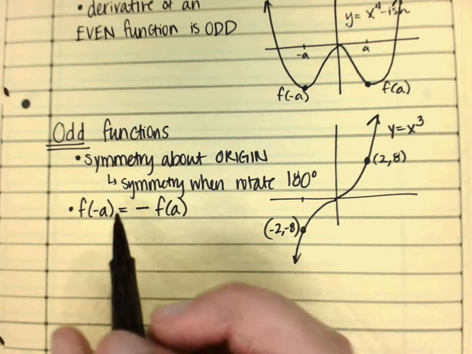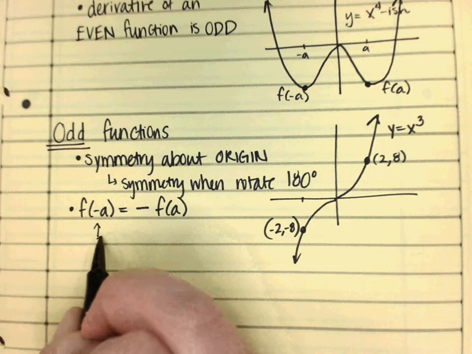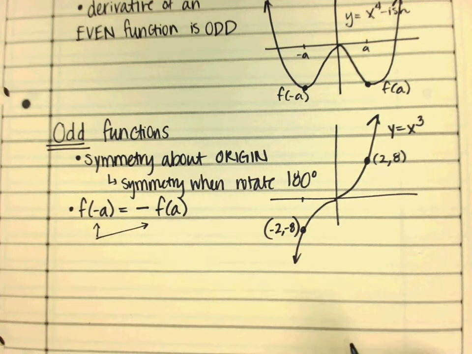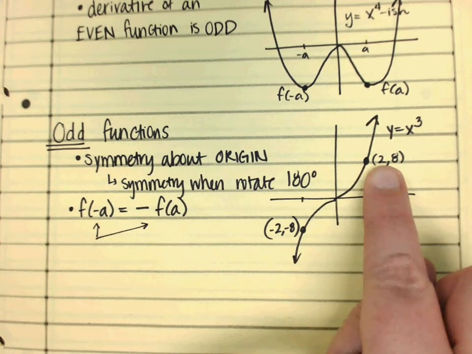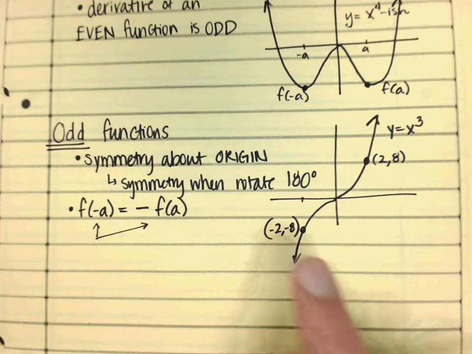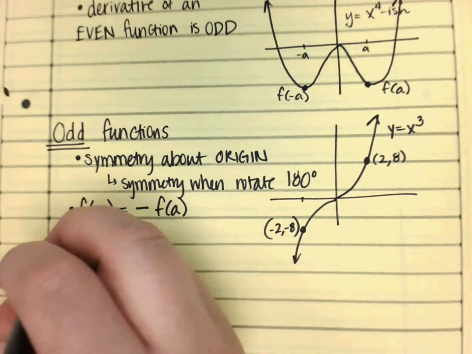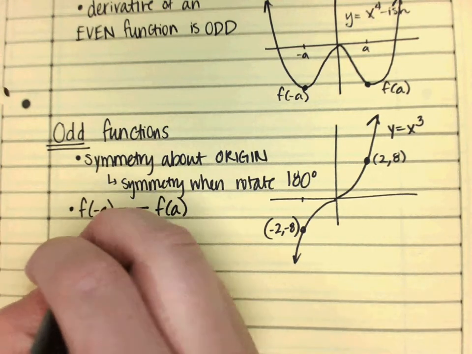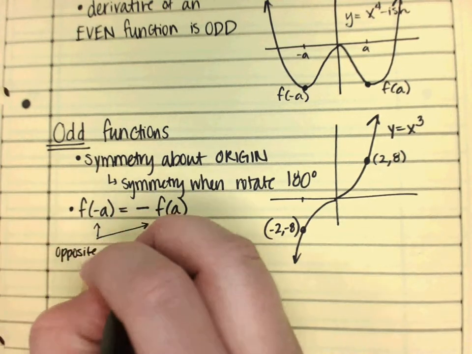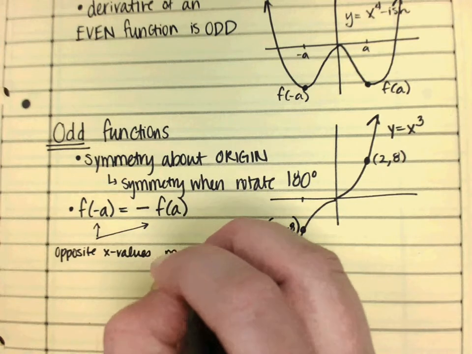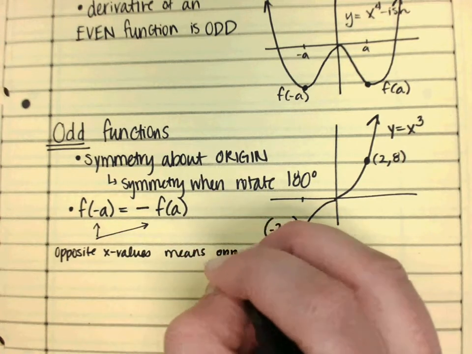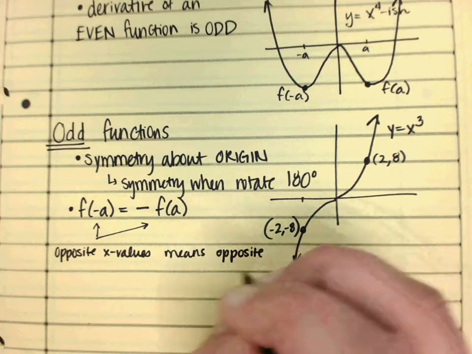Okay? Yes, that's good, so think about it. Here it was 2, 8, but when I changed 2 to a negative 2, 8 changed to a negative as well. Okay, so I'm going to put opposite x values means opposite y values.